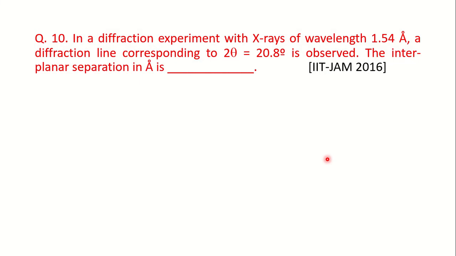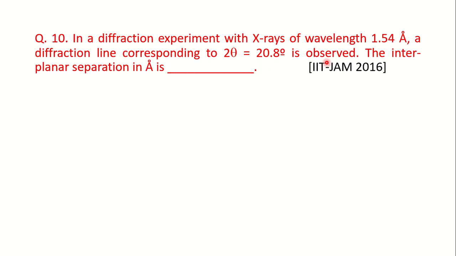Now let's move on to the next question, which is question number 10. This question came in IIT-JAM 2016. In a diffraction experiment with X-rays of wavelength lambda of 1.5 angstrom, a diffraction line corresponding to 2 theta, where theta is the glancing angle, is observed at 20.8 degree.